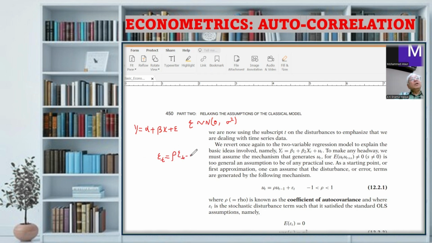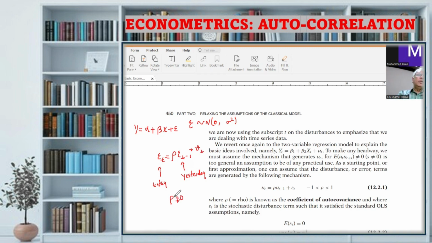Epsilon t equals rho epsilon t minus 1 plus, let's say, nu t. This is the error today, and this is the error yesterday. I'm just giving an example. What we're saying is that my behavior today is linked to yesterday, as long as rho is not equal to 0. If it is equal to 0, my behavior today is not linked to yesterday.